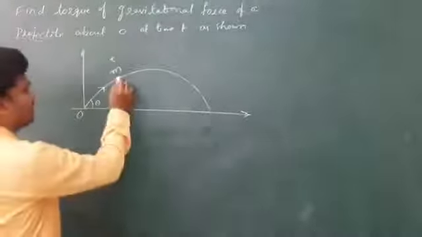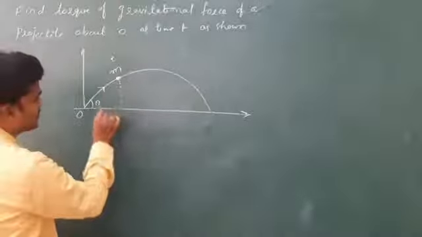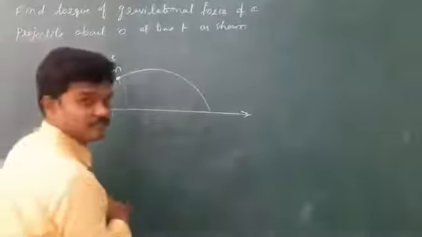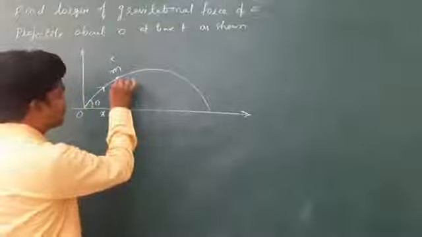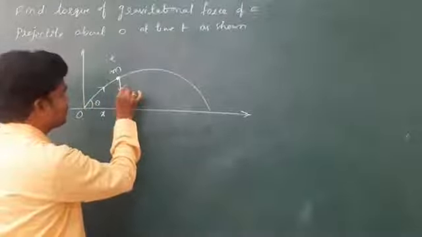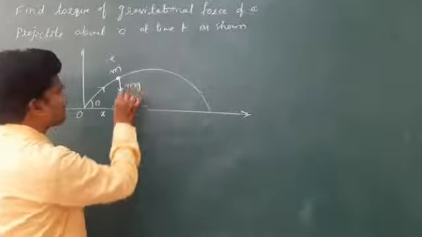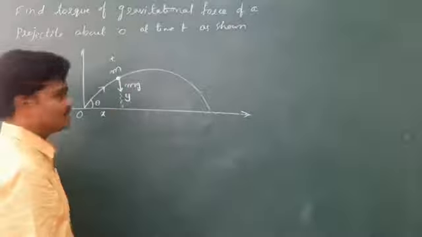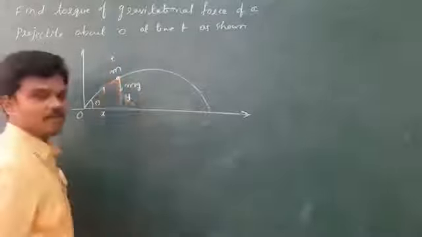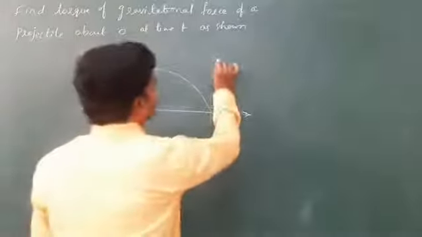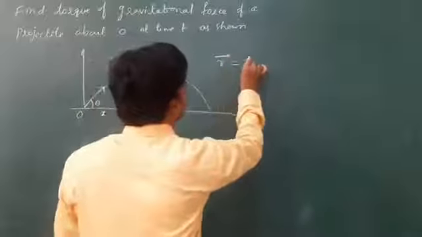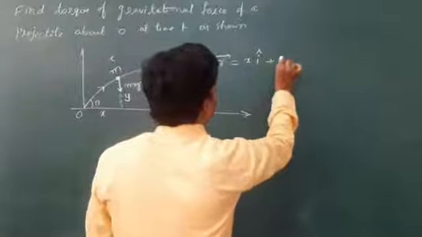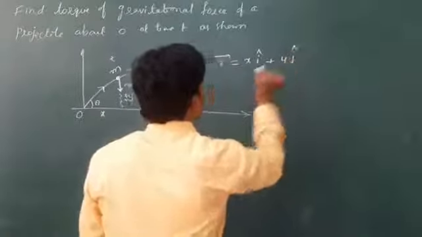So at any instant of time, this particle is at a distance of x from the origin. Of course, the weight of this acts vertically downwards, and the vertical distance is, let us suppose, y. See the position vector r bar. Anyhow, the position vector is very clear. r bar is equal to x i cap plus y j cap.